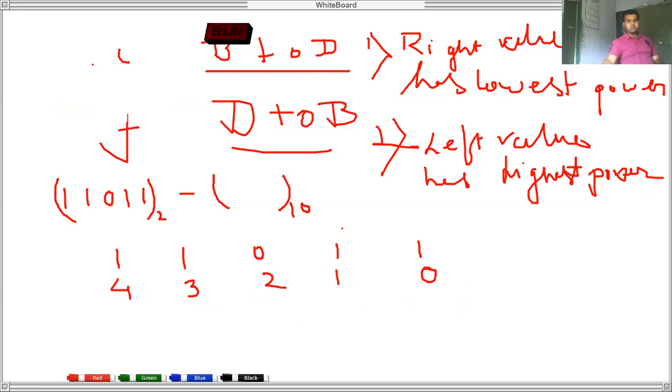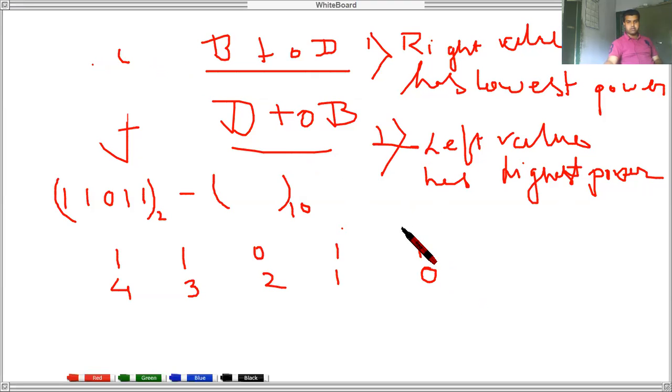Now step number 2. This was step 1. Now in step number 2, what we are going to do? We will multiply these values with the power of base number 2. How? This one, 1 into 2 to the power 0.